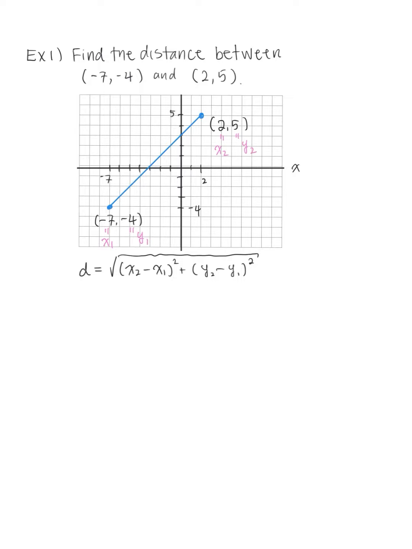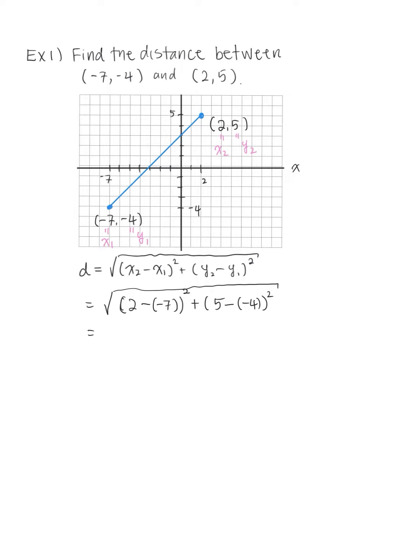Okay, now let's follow the formula. So our distance is going to be the square root of x2 minus x1. So x2 is, what is it? 2 minus, now be careful right here. It's going to be 2 minus x1, but x1 is negative, right? So you're going to have 2 minus -7. And then here you're going to square it, and then plus y2, which is 5, minus y1, which is -4, so you're going to have a -4 in the parentheses, whole thing squared, just like that, and square root that.